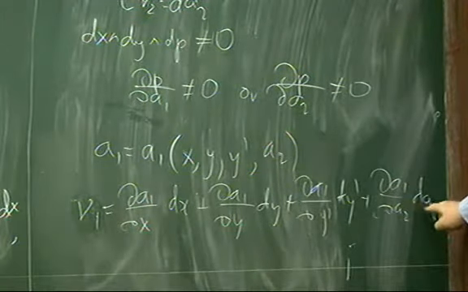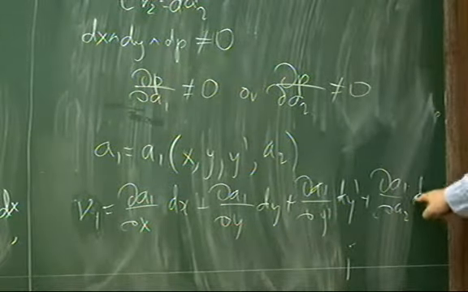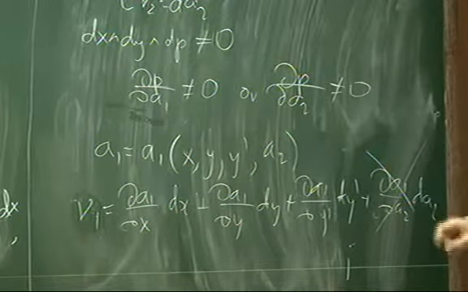And now because of my transformations I can add whatever multiple of μ2, but μ2 is proportional to dA2, so I can just get rid of this term.